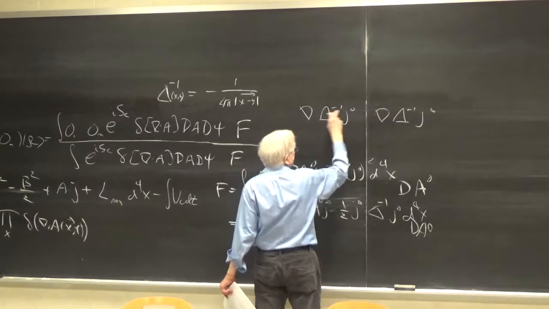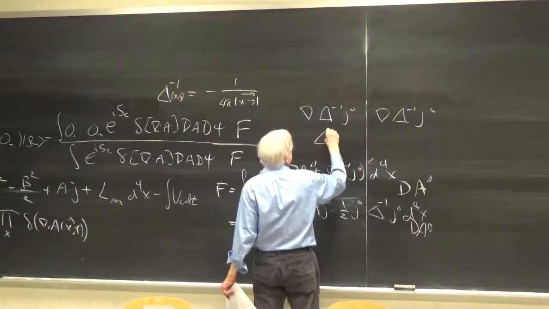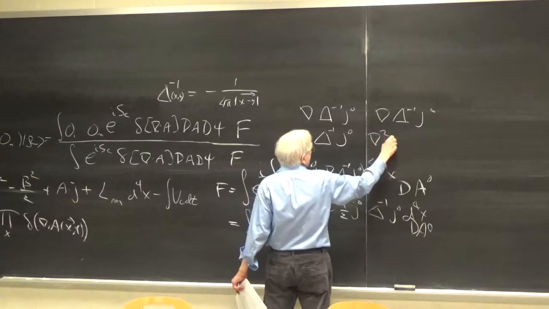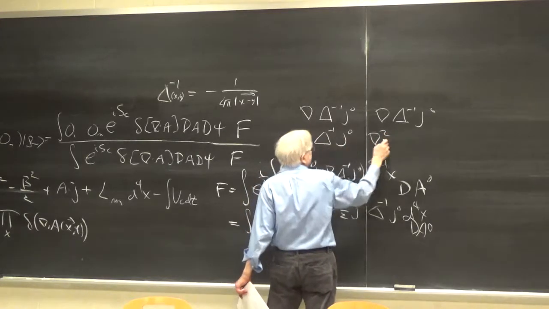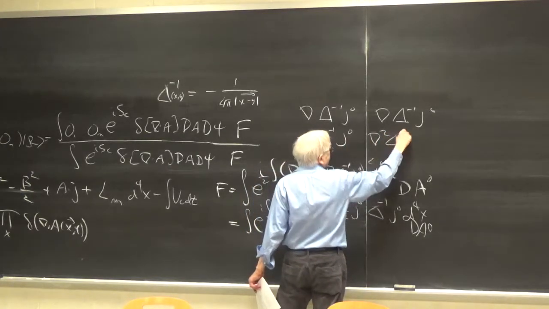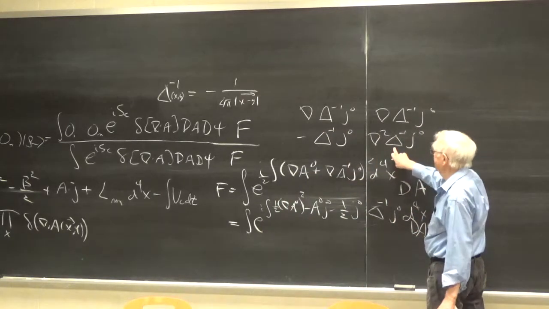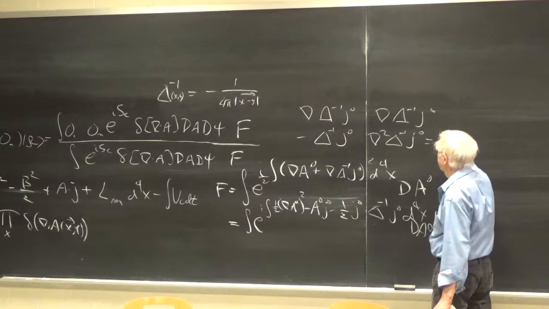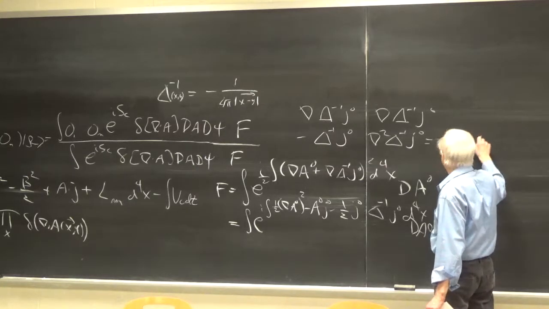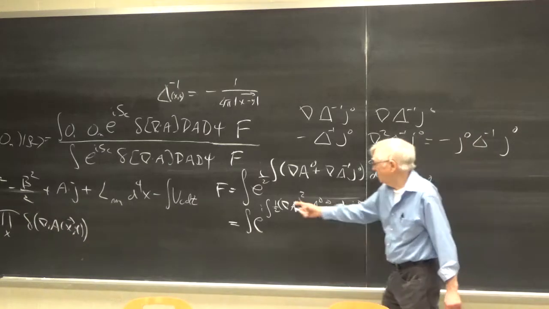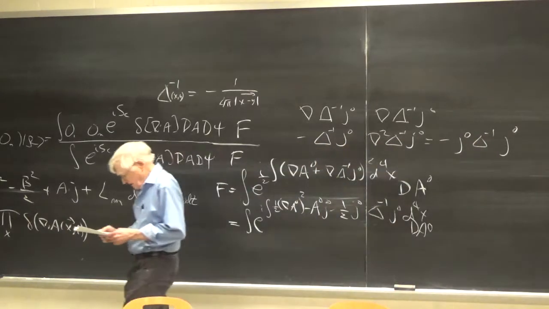You integrate this by parts and you get grad squared with a minus sign, the two things cancel, so you have minus J0 Laplacian inverse J0, which is this term, and the one half is there.